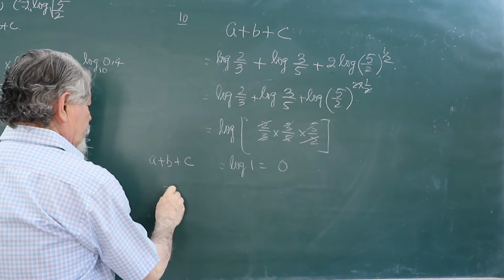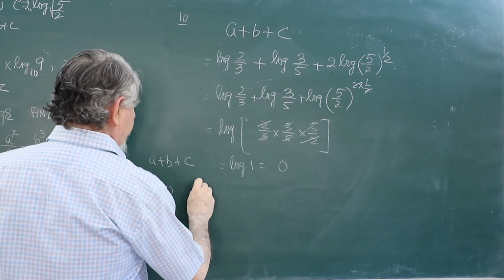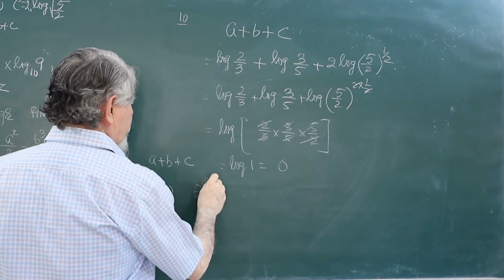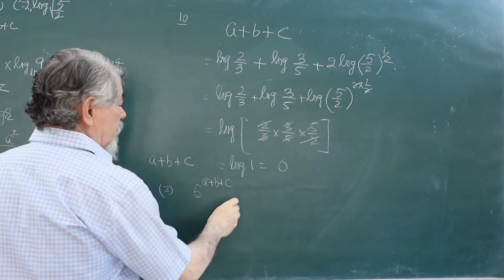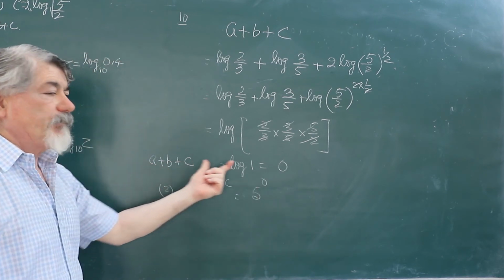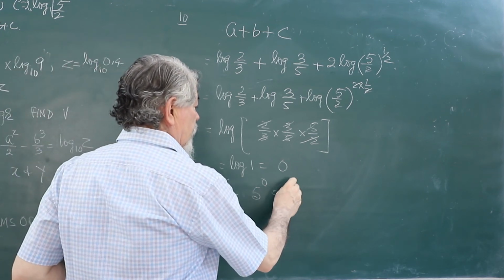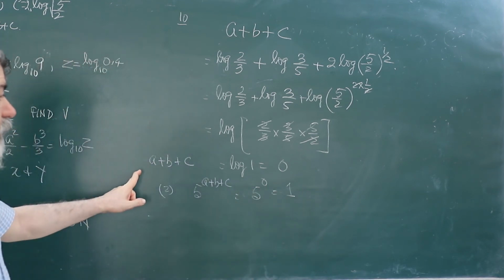And number 2, we want to find the value of 5 to the power a plus b plus c. The value of a plus b plus c is 0, so 5 to the power 0 will be 1. So I've got both the values.